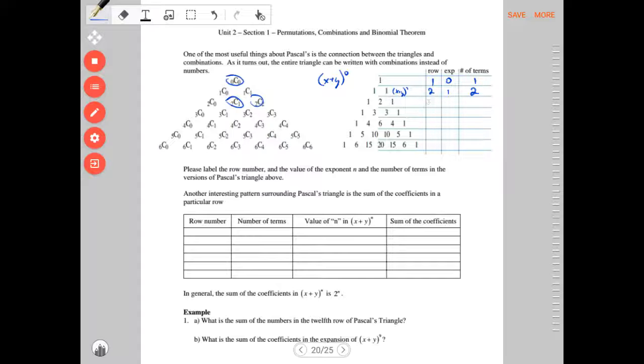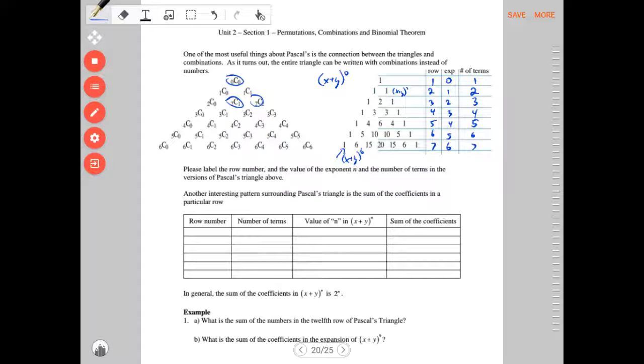Notice the rows always go up: 3, 4, 5, 6, 7. The exponent is always 1 behind the row: 2, 3, 4, 5, 6. So this particular row would be x plus y to the 6th. And the number of terms is always 1 higher than the exponent, or equal to the row number: 5, 6, 7.